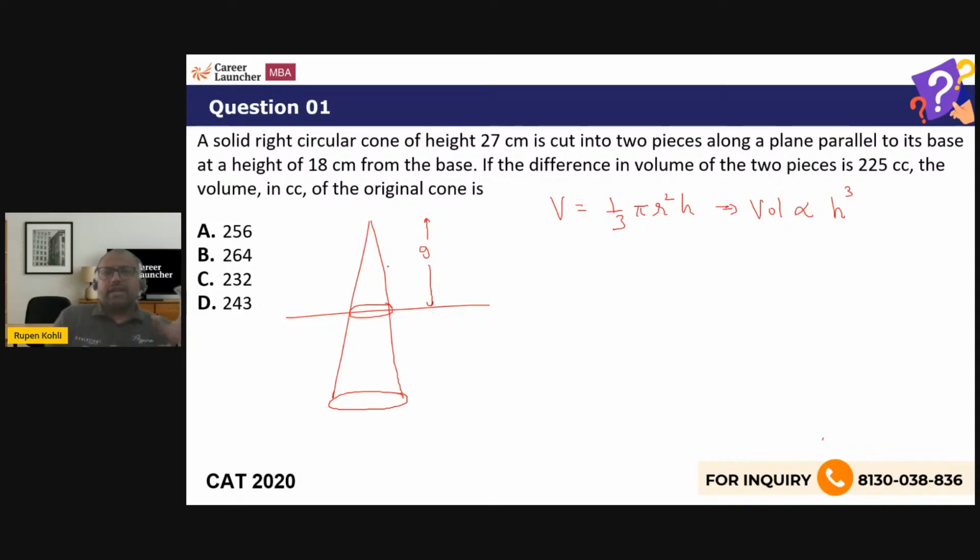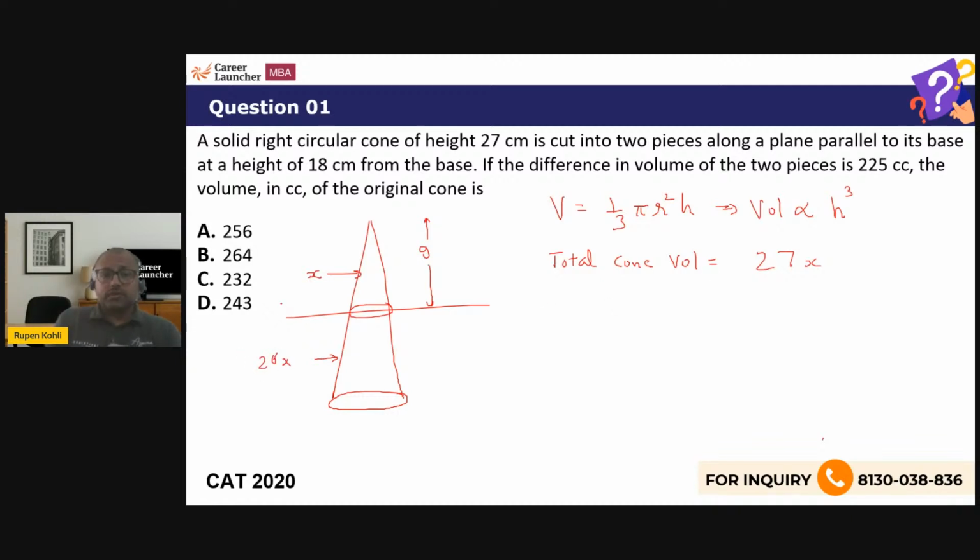So the volume of the original cone is 27 times this smaller cone. If we take the original cone as 27x, then the volume of this cone is x, and the volume of the solid left below is 26x, because 27x is the total.